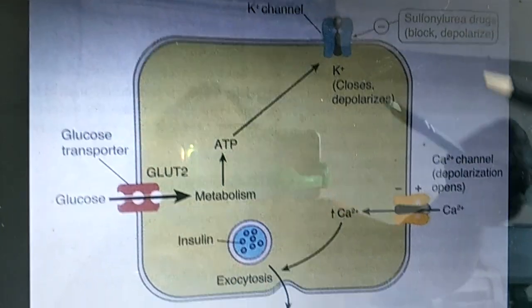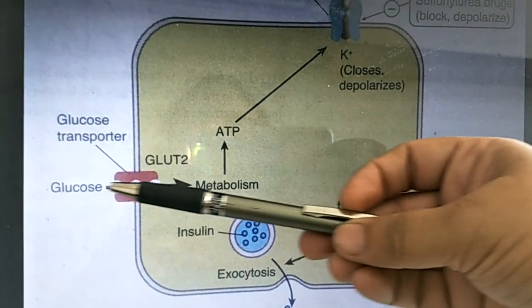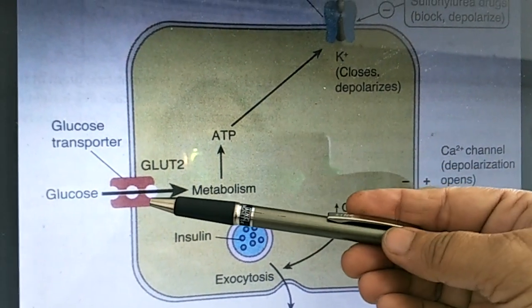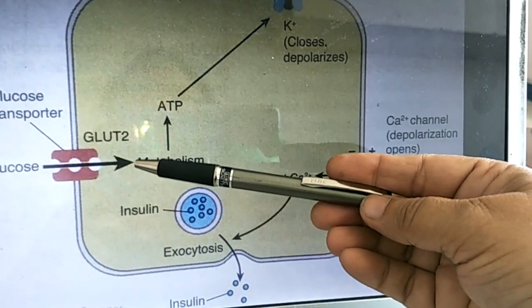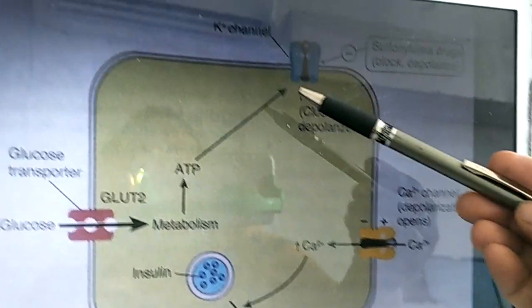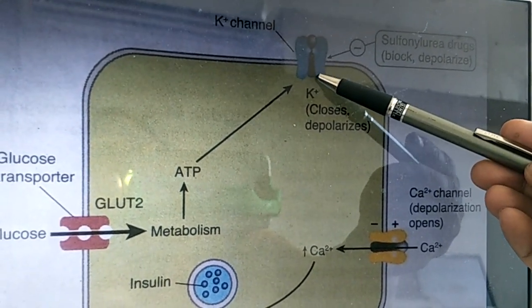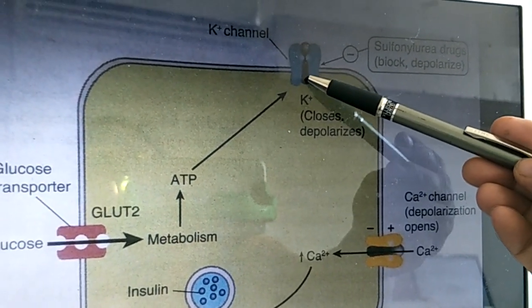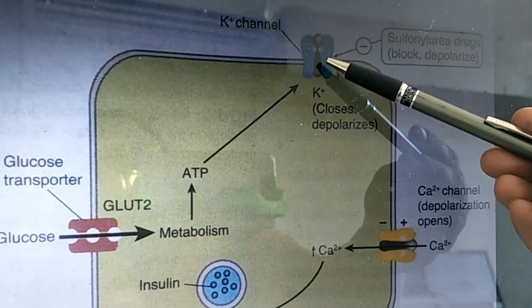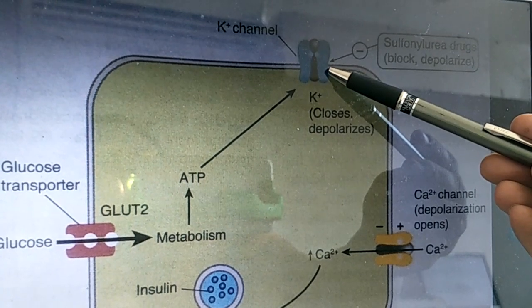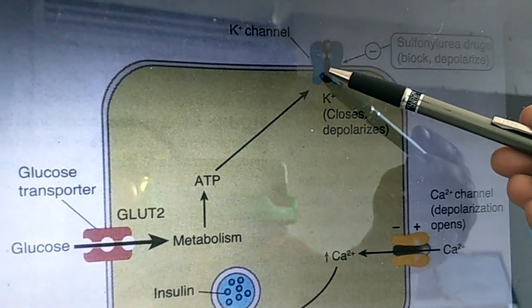Now this is a pancreatic beta cell. Here are present glucose transporter type 2. Here are present the potassium channels which are regulated by ATP. ATP regulated potassium channel, that is, when ATP is there, it will close the channel.